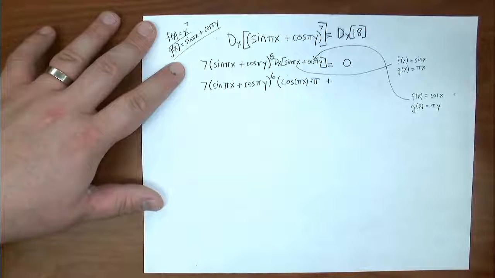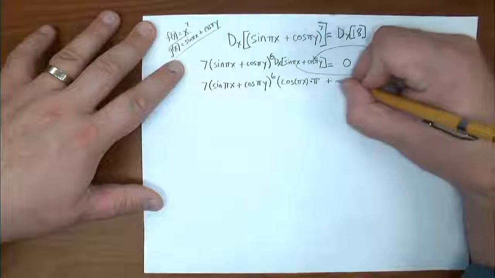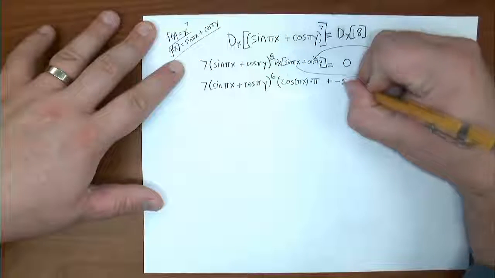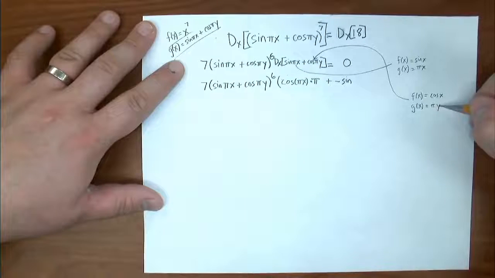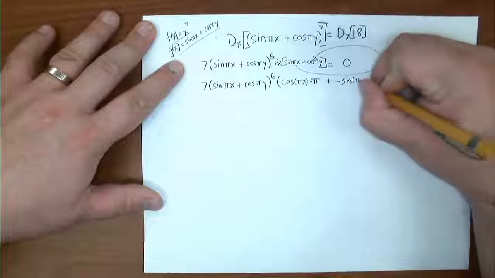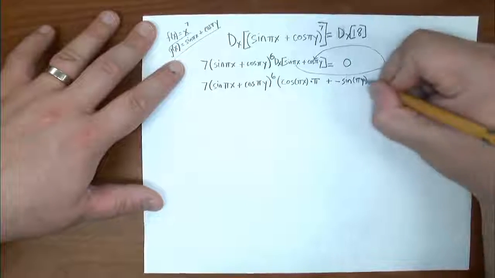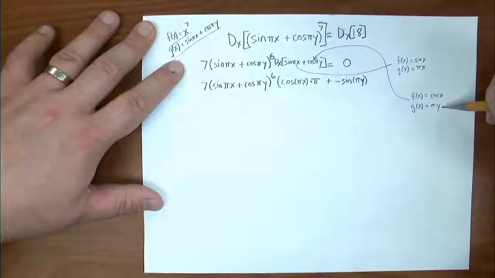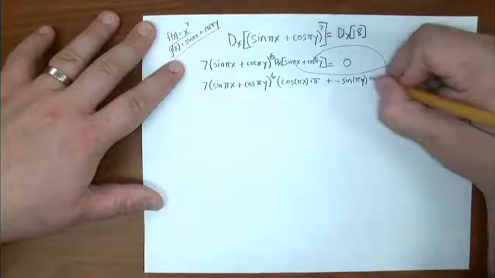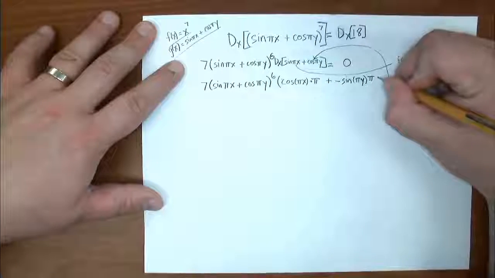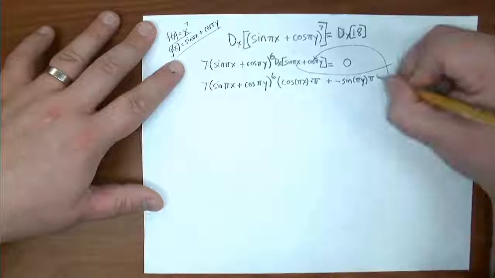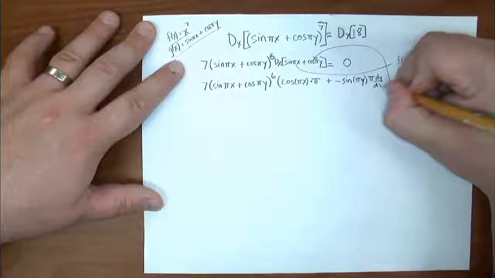So we take the derivative of our outside function, which is negative sine x, but we evaluate it at our inside function, which is pi y. But then we have to multiply by the derivative of our inside function. So what's the derivative of pi y? Well, it's pi times 1 times the derivative of y, because we're taking the derivative of y with respect to x. So dy dx.